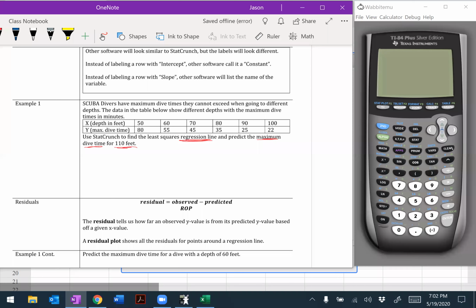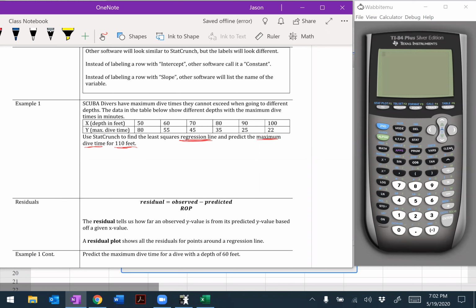So let's look at this. As I go further down in depth, below the water, what happens to the amount of air I'm consuming? I'm consuming a lot more air, which limits the amount of time I can stay down there.